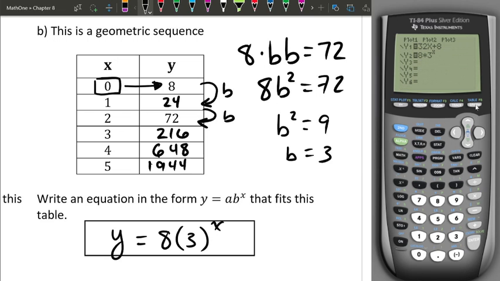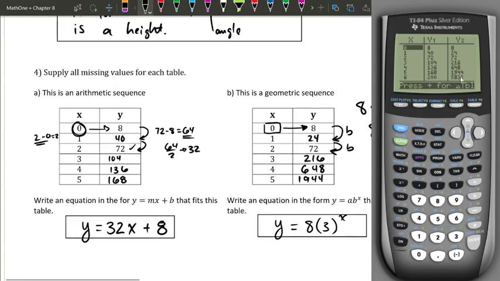So if I look at this as a table, I'll hit second table. You can see these values over here, treating this like the geometric sequence: 8 becomes 24, becomes 72, becomes 216, becomes 648, becomes 1944, becomes, well, after that it would be 5,832.